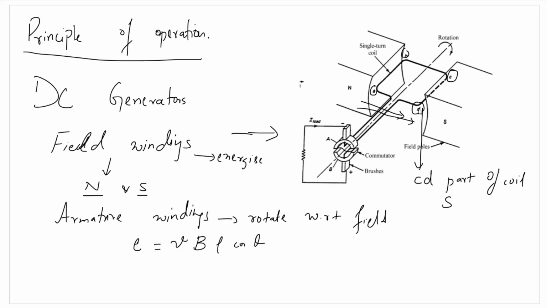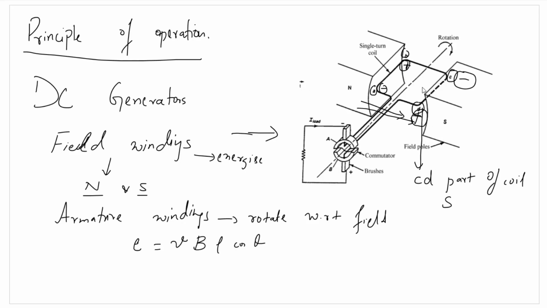In this case, let's assume the EMF induced will generate a voltage having a polarity positive here and negative here. Accordingly, on this side, the EMF induced will have a positive here and a negative here since it is under the influence of a north pole. This is at this moment of time.